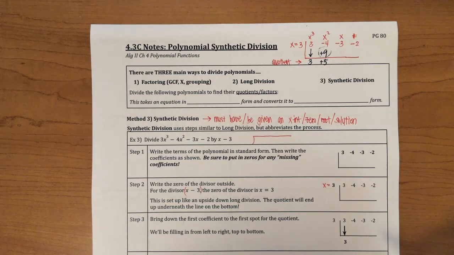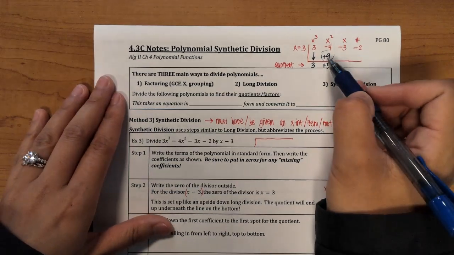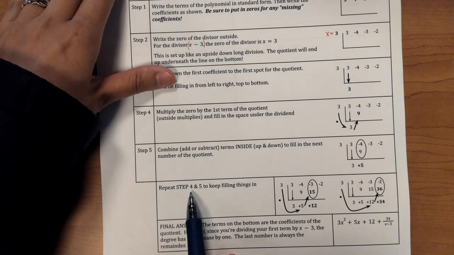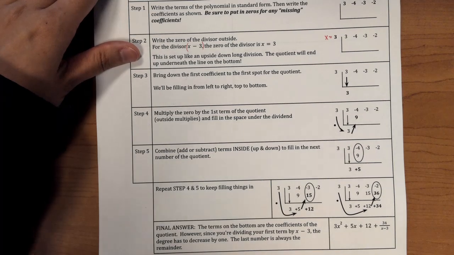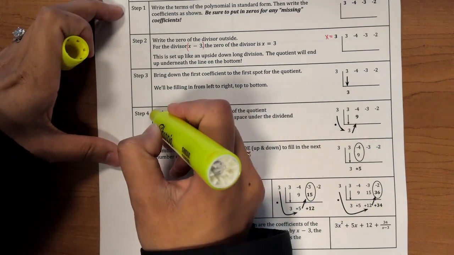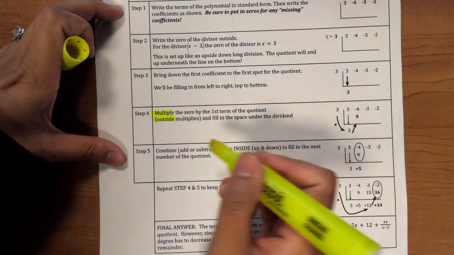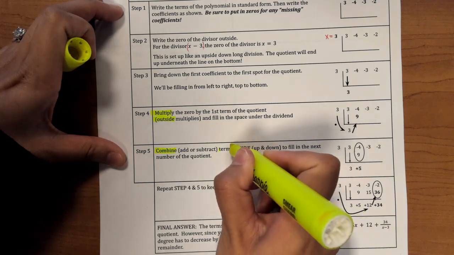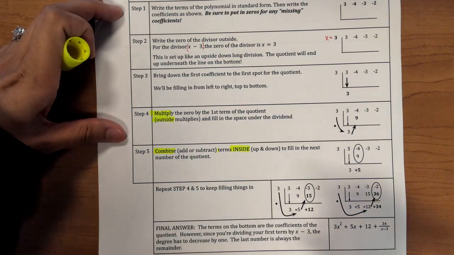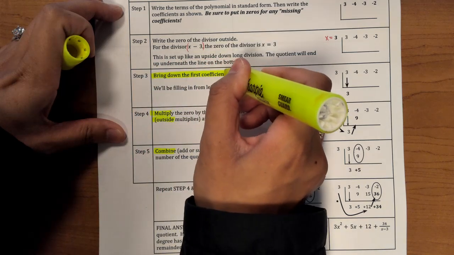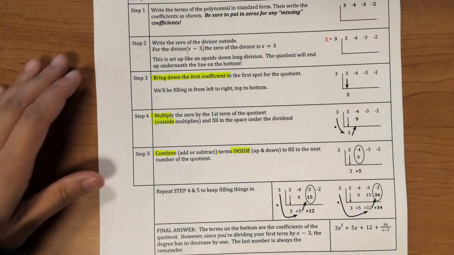And then we're going to just keep repeating the steps. Down here it says repeat step 4 and 5, which is multiply outside and combine inside. And then you need to bring down the first coefficient. So those are the only three things you need to remember.